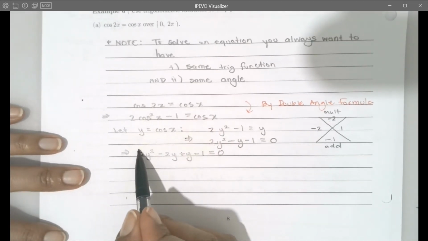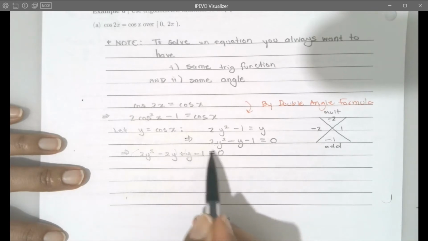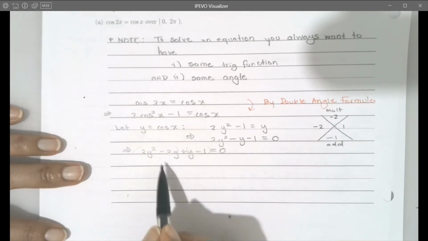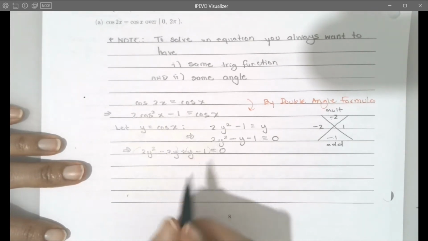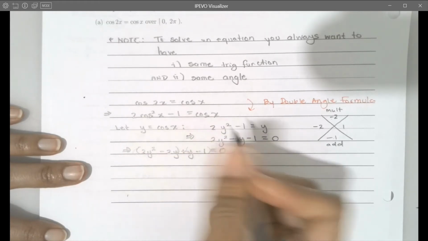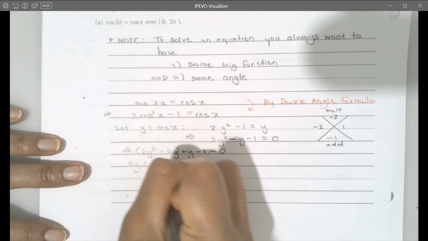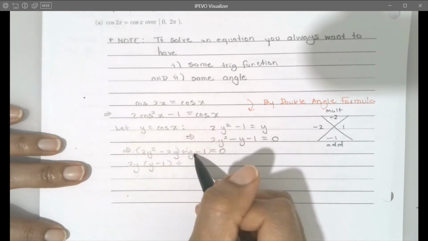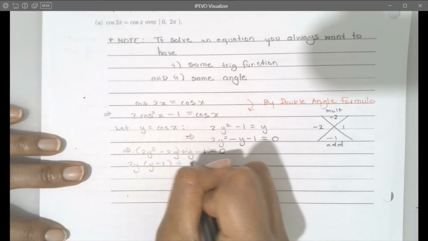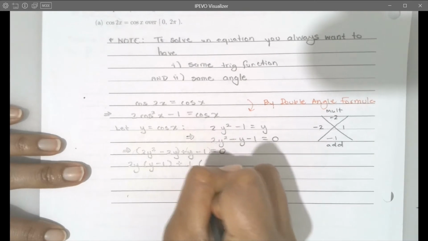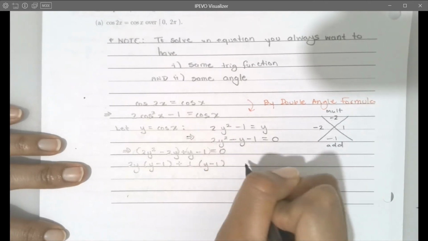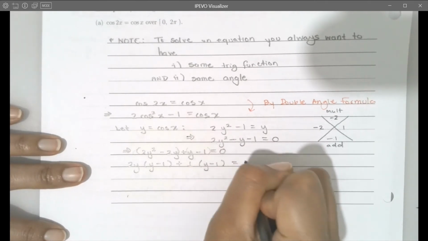And then we group the first two terms and the last two terms and factor out the GCD of each group. So in the first group, I can factor out a 2y, which is going to give me a y minus 1. In the second group, I can really only factor out a 1, because that's the only thing they share in common. So we'll end up with 1 times y minus 1.